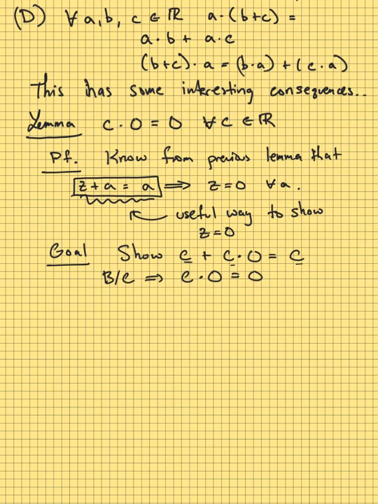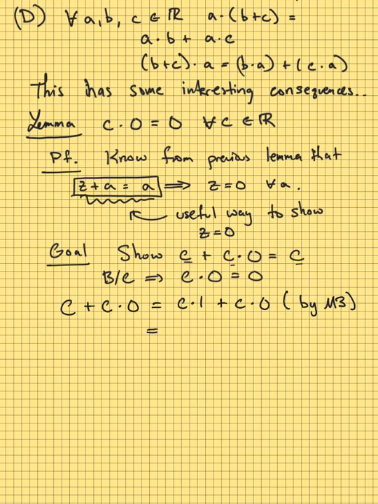Okay, so let's prove this. Well, we have c plus c times 0. Now, this I claim is equal to c times 1 plus c times 0 by the third multiplication axiom. Okay, so just anytime I see a c, I can replace with a c times 1.